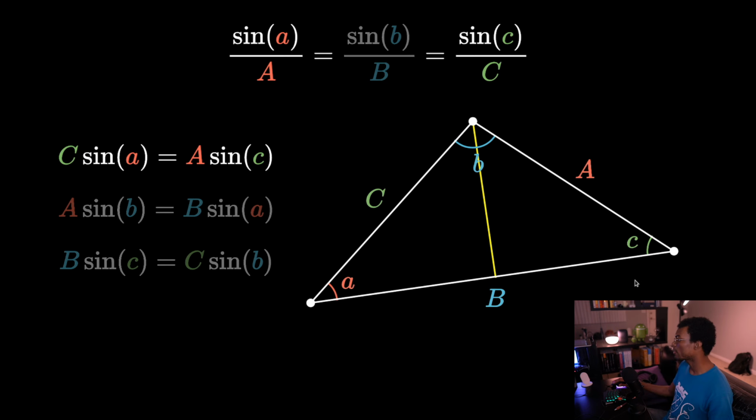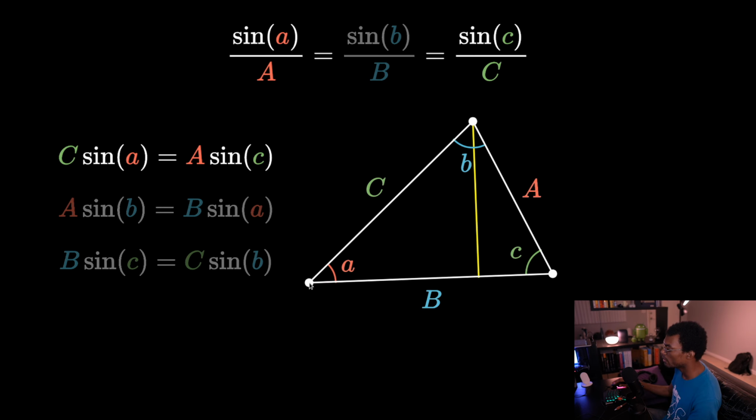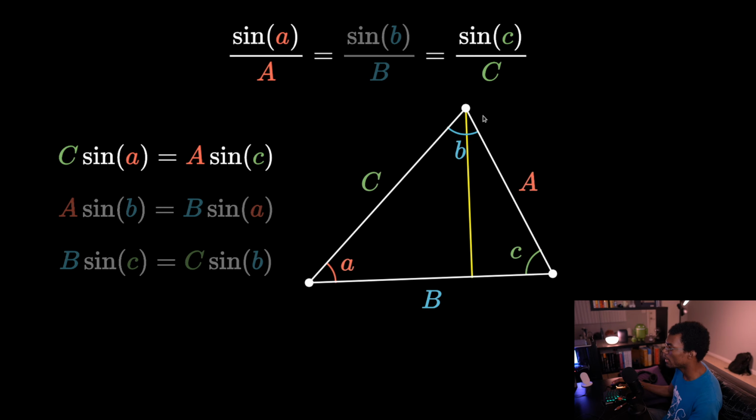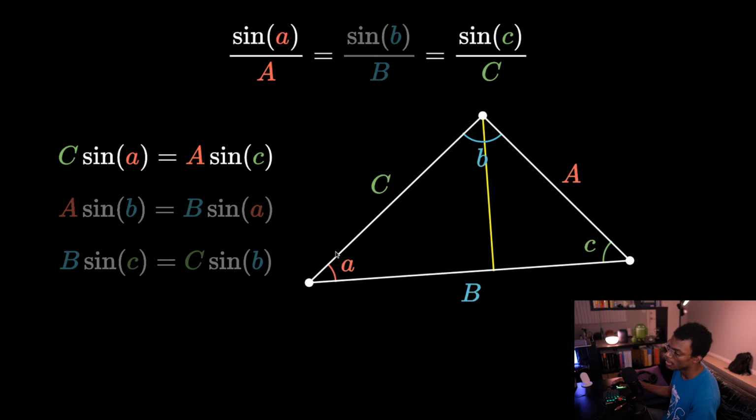But of course, there's nothing special about the angle A. We can also measure this from the perspective of the angle C. And from there we see that this altitude also has length of a times the sine of C. And conveniently, that gives us this equation, c sine A equals a sine C. And through a little bit of rearrangement, just dividing, that gives us one part of the law of sines.